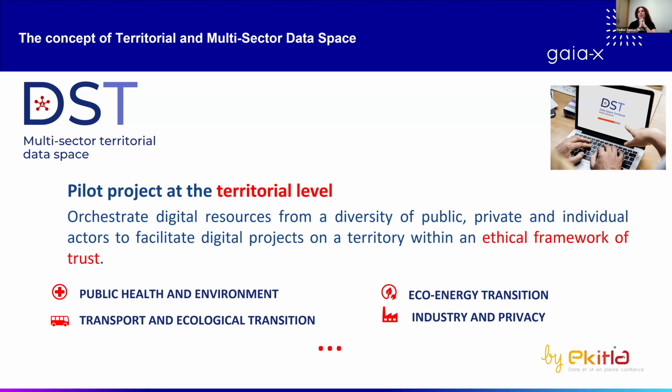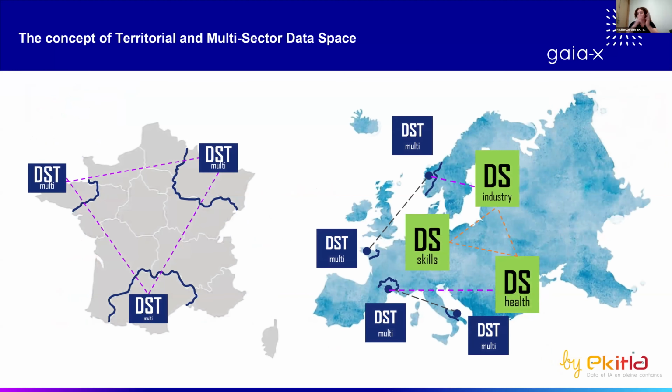You can find, for example, different kinds of multi-sector projects such as public health and environment, or the projects you find in the data space for smart and sustainable cities and communities, but also different use cases for industry and privacy. This concept is not just about multi-sector, it's also a territorial approach. Why?